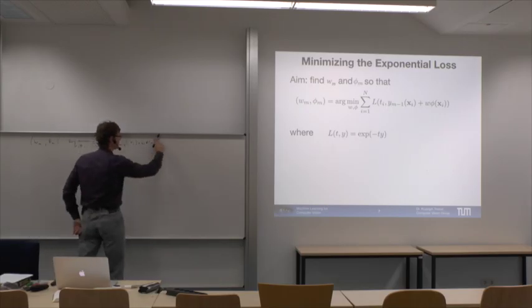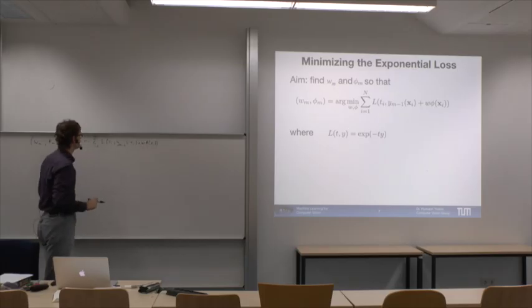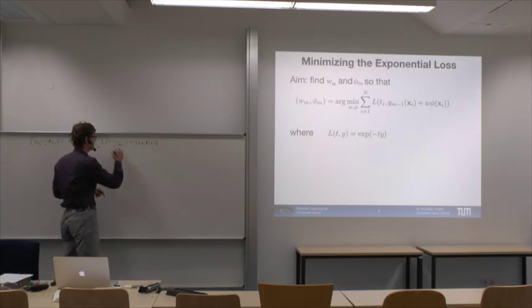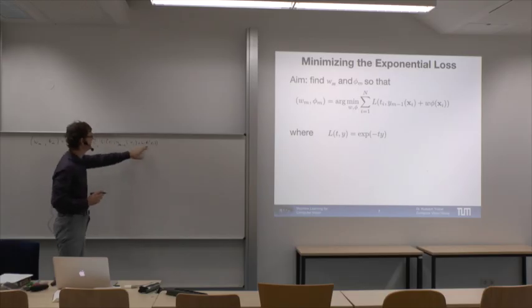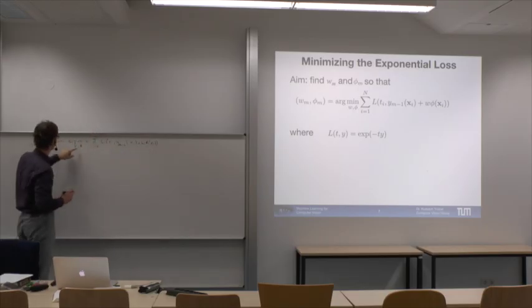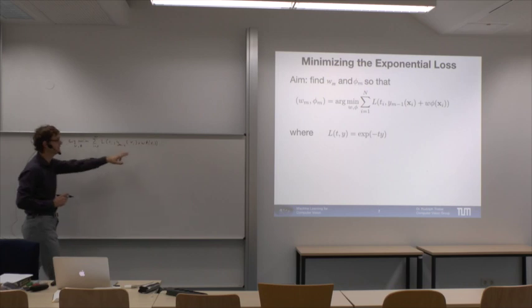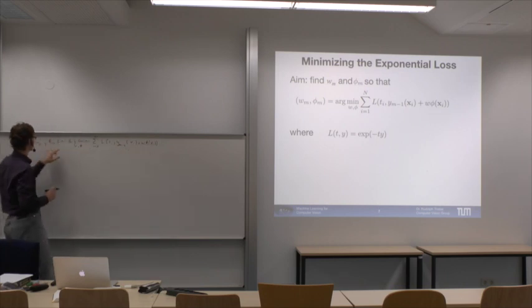Only two parentheses here. So this is just the previous model that we assume to have already in the m-th round. We know the previous basis functions and just want to add a new one. And here there's no index m because we want to find the one that minimizes this. So we want to find the phi and the w so that this is minimized.